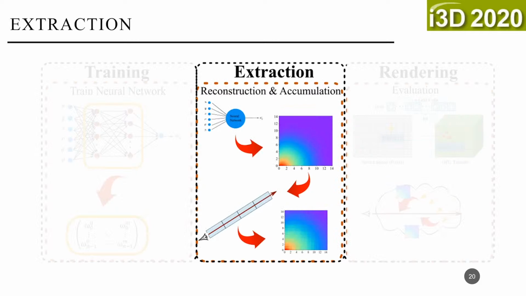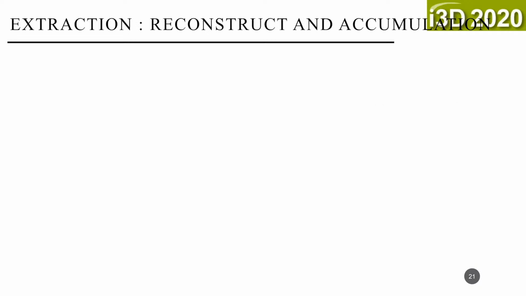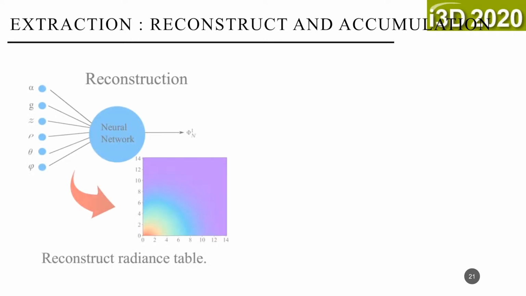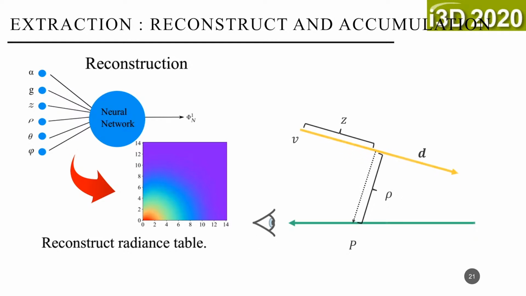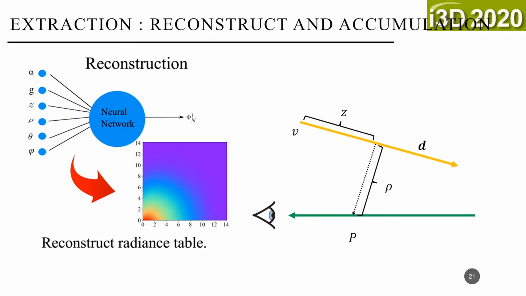After training a neural network, the next is the extraction stage. Using the network directly in rendering is a straightforward method, but it is slow. Therefore, we reconstruct a radiance table for a specific medium in advance. Each element of the table represents the multiple scattering contribution of a light ray to each sample on the camera ray.